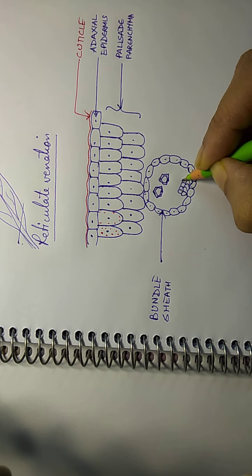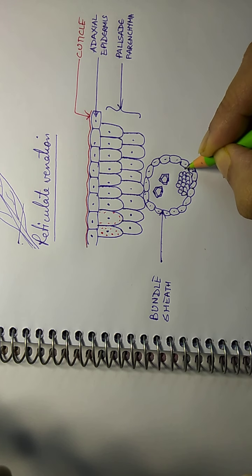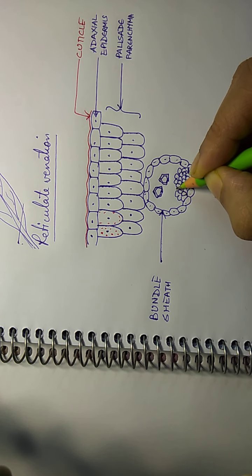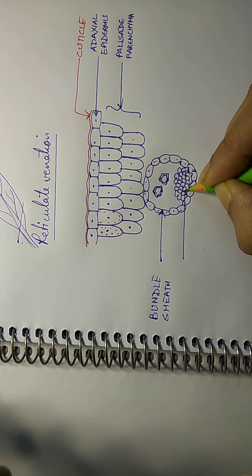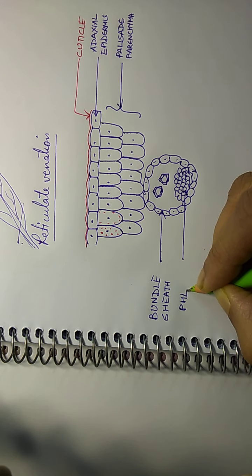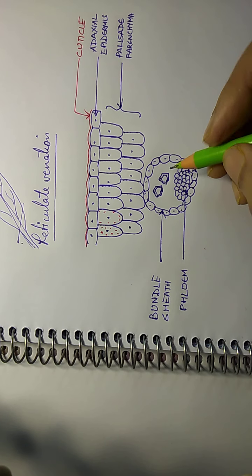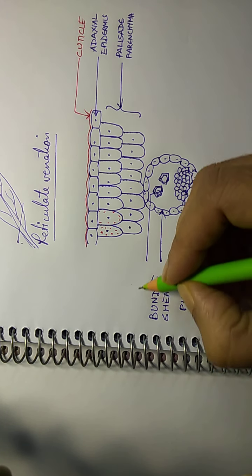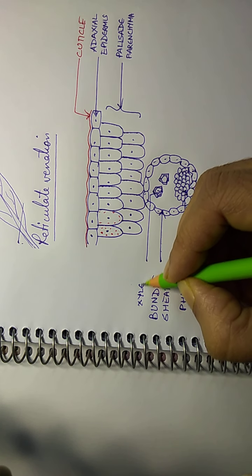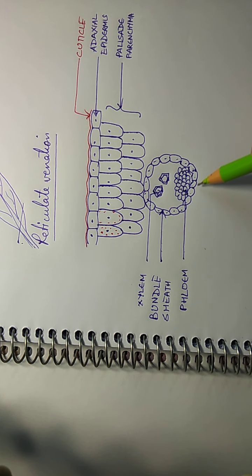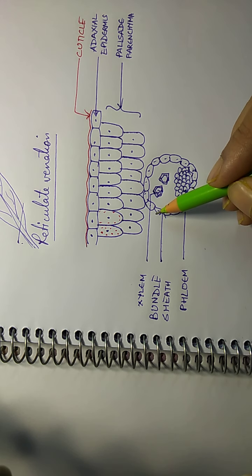These phloem cells are specialized to carry the food produced by the leaves. The leaves generally produce food in the form of glucose, but when it is stored inside the body, it is stored in the form of starch. So you can well see here, the bundle sheath encloses the xylem and phloem inside it.